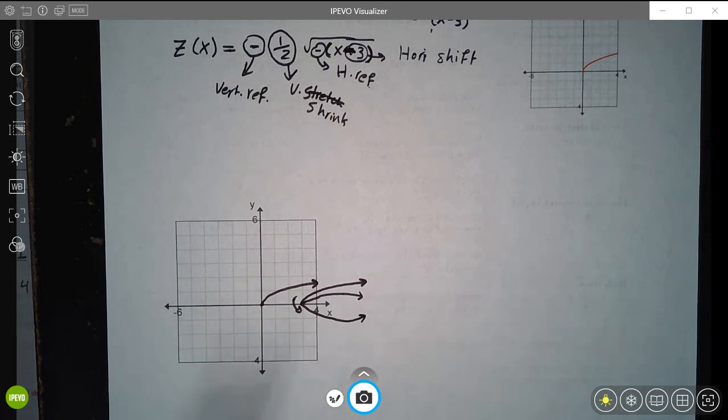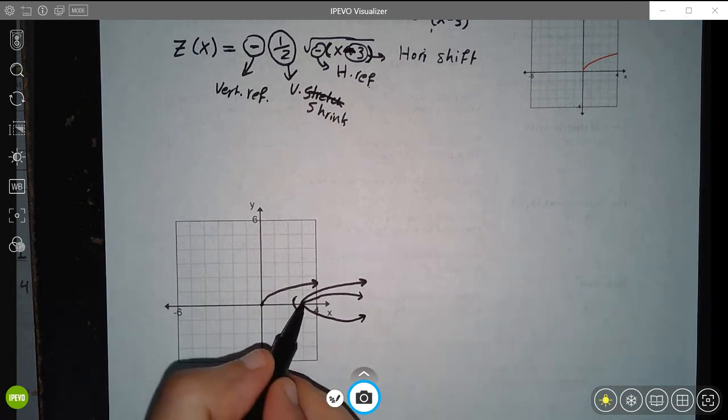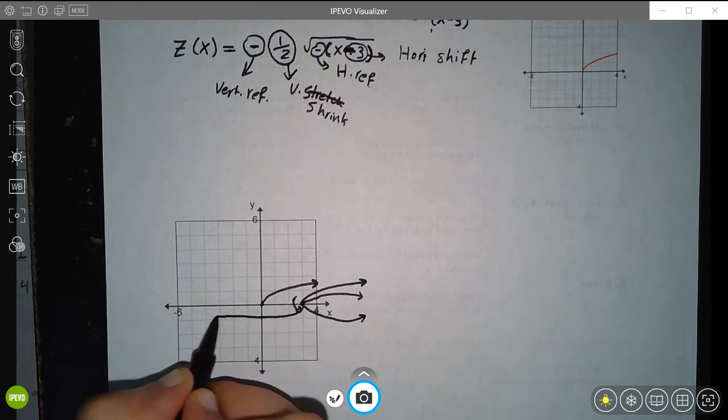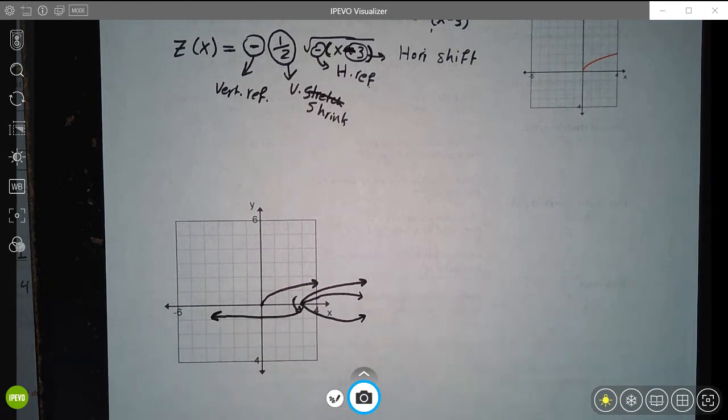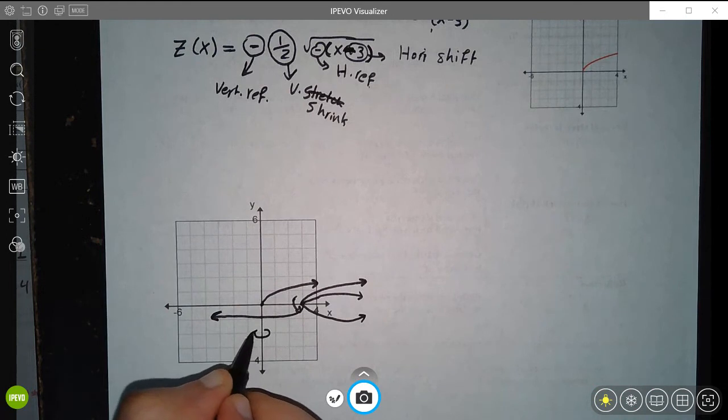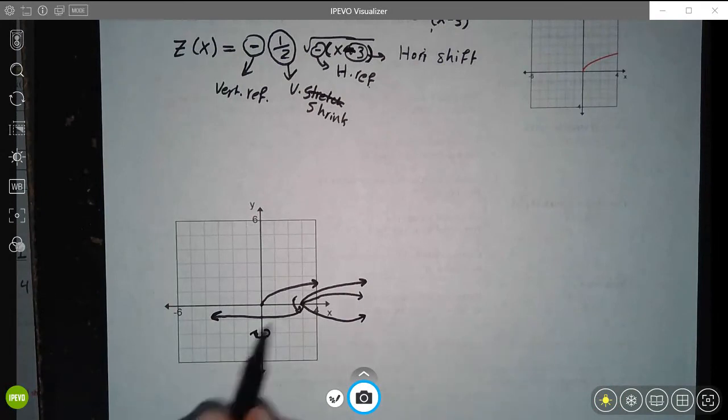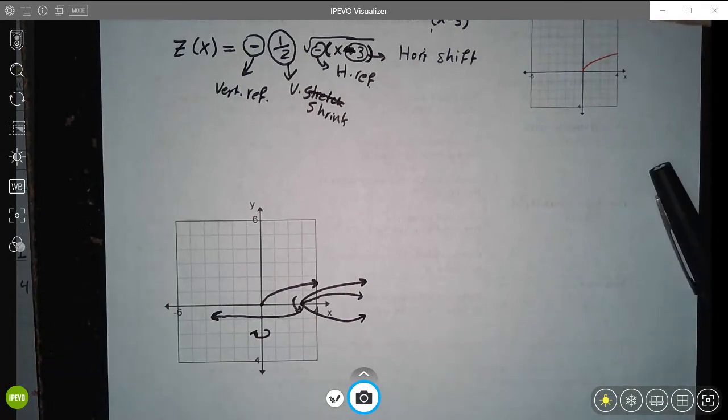Now I'm going to flip it across the y-axis. So it's going to turn like this. So I flipped it twice. Now it's across the y-axis. And with that one, we are done. This is my new function.